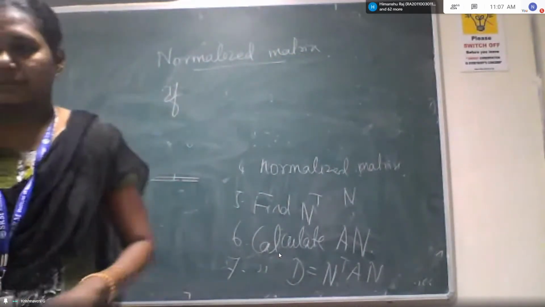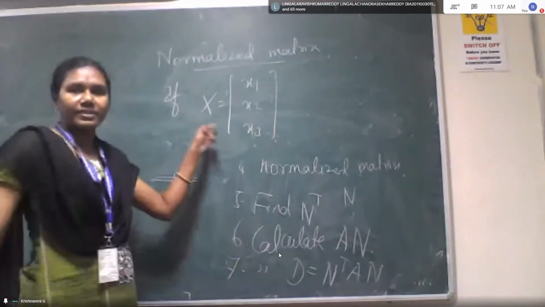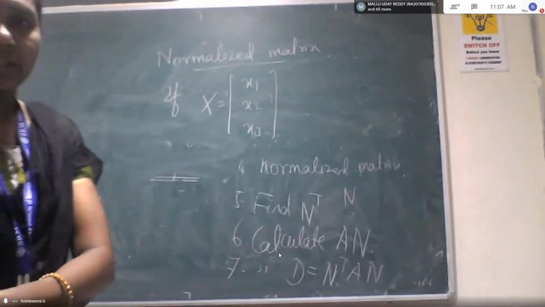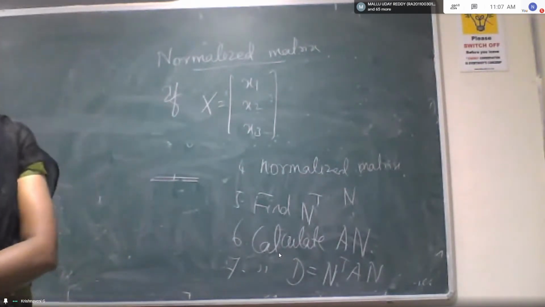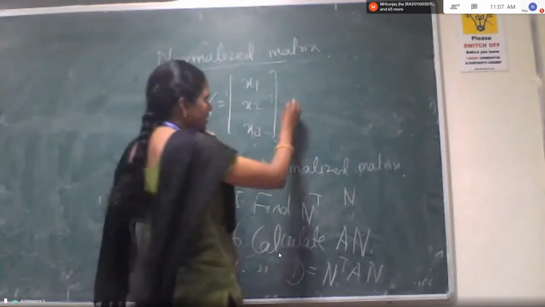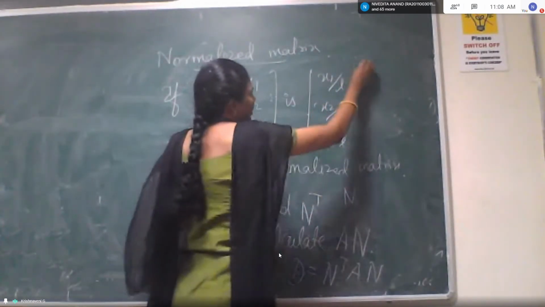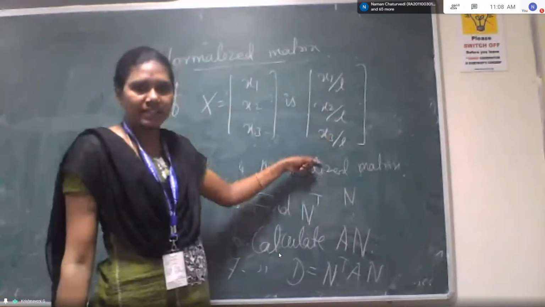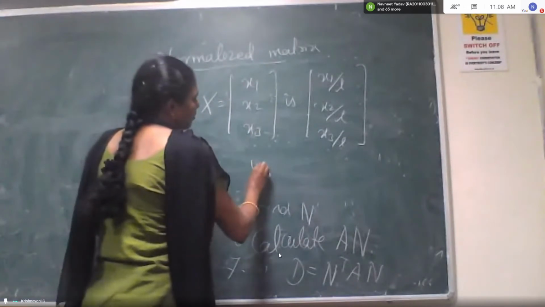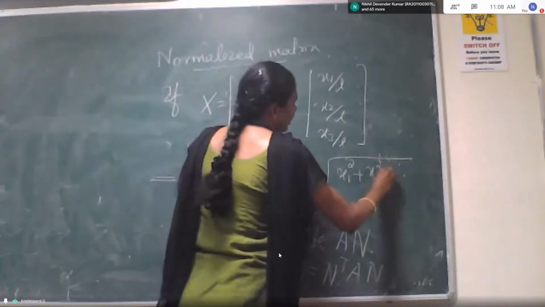If x is equal to x1, x2, x3, a column vector, that is an eigenvector, then the normalized vector of x is x1 by L, x2 by L, x3 by L, x1 divided by L, x2 divided by L, x3 divided by L. Here, L is equal to root of x1 square plus x2 square plus x3 square.